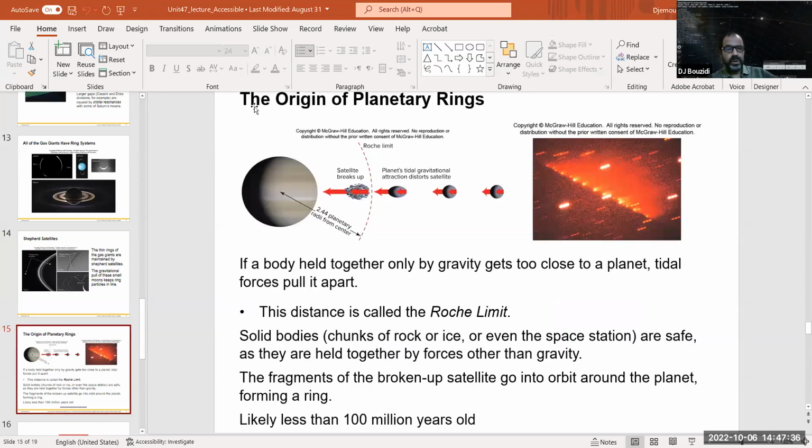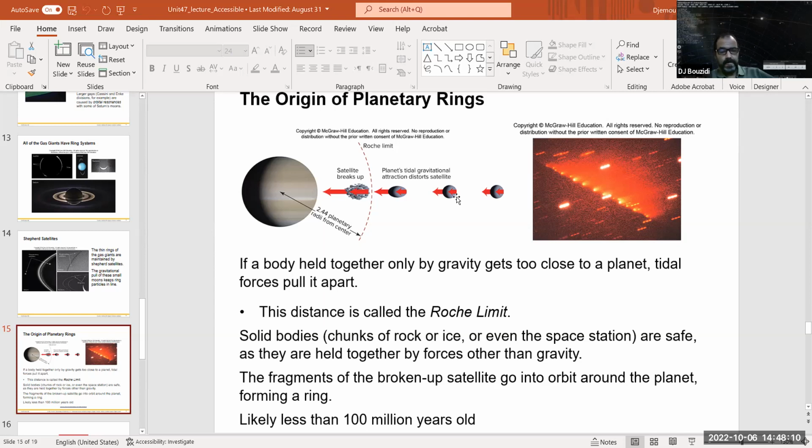Here is what's going on in here. If you model, and I think I have software, I probably will model it for you guys, if you come within 2.44 planetary radii, and I know we have a lab, so you have to be careful with this number in here, if the moon is within this limit, it starts to break down into tinier and tinier particles, and some of them will fall straight through, and some start, of course, to orbit around the planet, and that is what is known as the Roche limit.